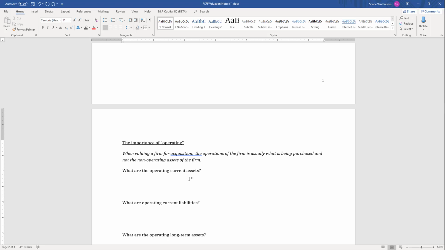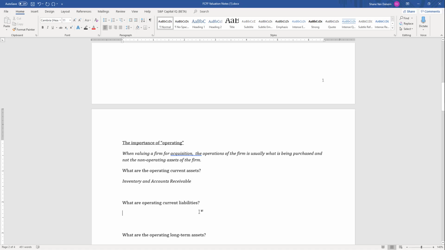So there's two types of operating current assets that are usually included in any valuation, and those are inventory and accounts receivable. And there can be other ones as well, but those are the primary ones, and those are the ones I'm going to ask you to use for your assignment.